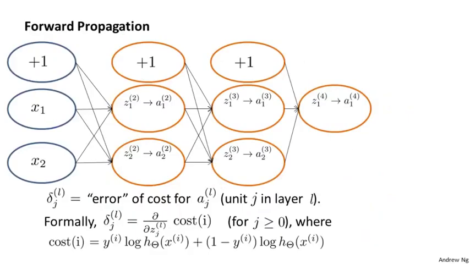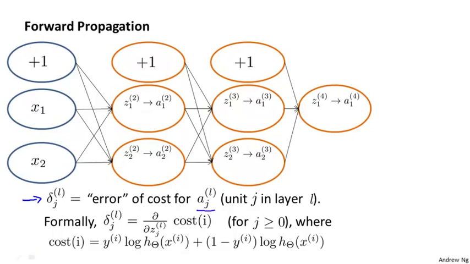Now let's look at what backpropagation is doing. One useful intuition is that backpropagation is computing these delta superscript l subscript j terms, and we can think of these as the quote-unquote error of the activation value that we got for unit j in layer l.